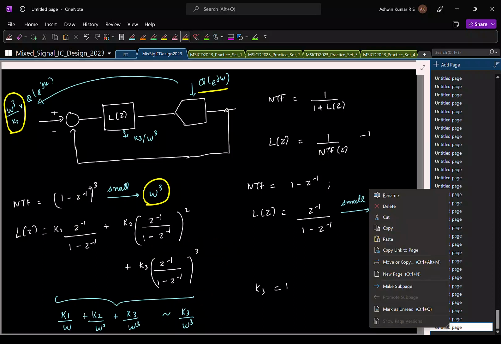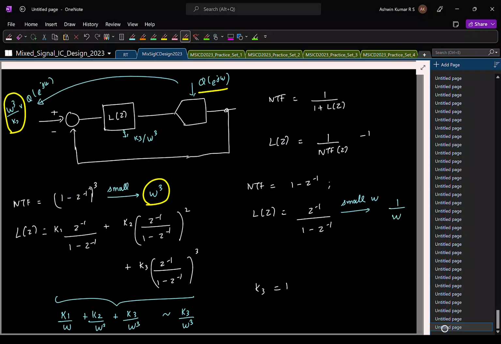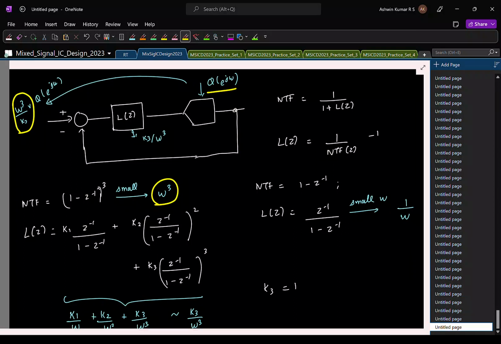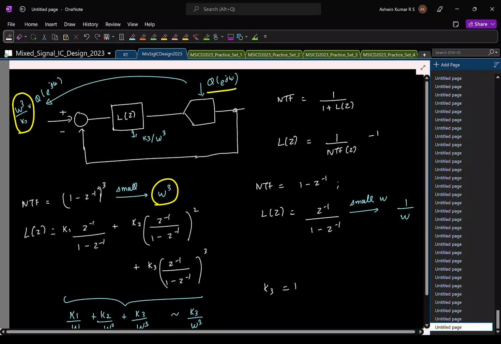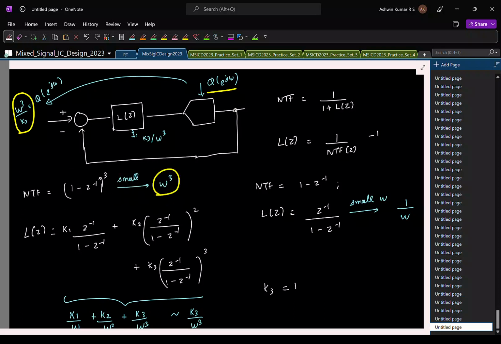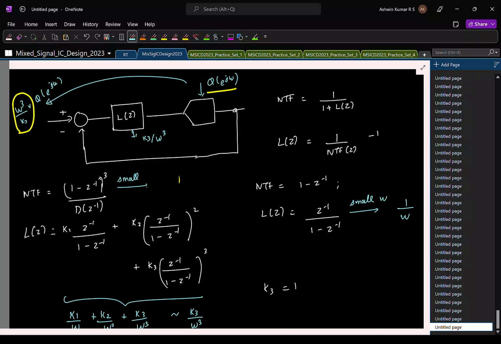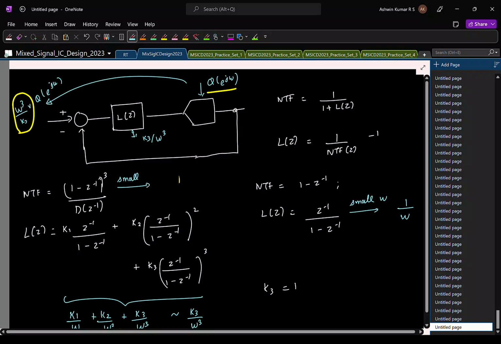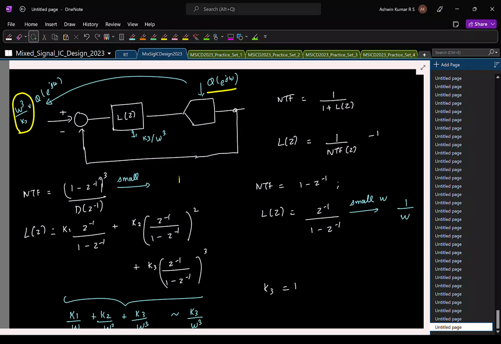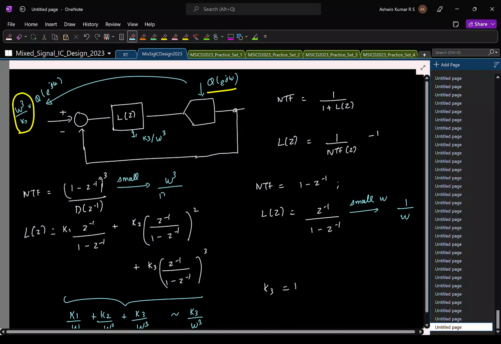So then let's extend this. Now let us say I want to change the OBG, so I have an NTF which looks like this. At low frequencies, how will this go as? Omega cube by alpha.